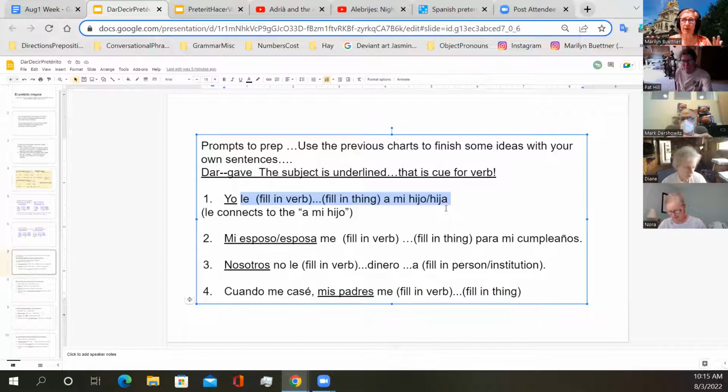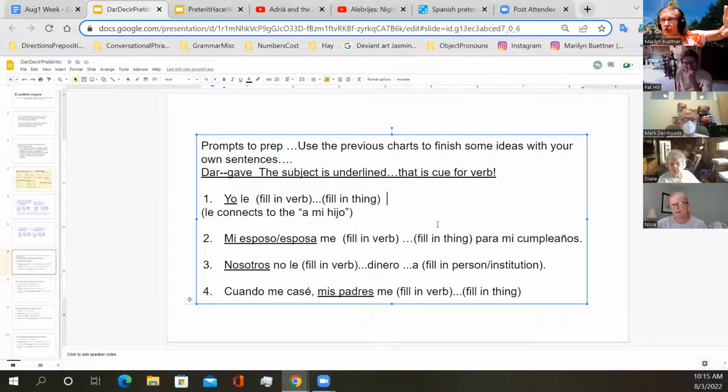Because as a prompt with no context at all, perdón, this is what you see on the screen. Dumping the a mi hijo is probably more natural because from the previous part of the conversation, you would get it.